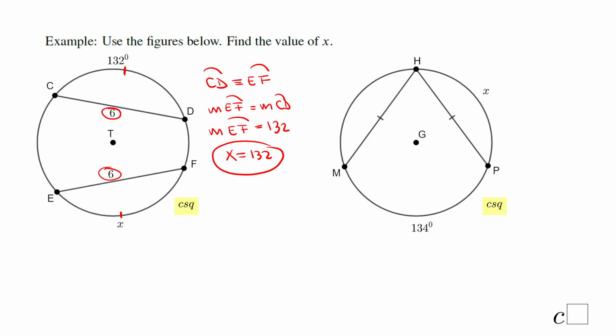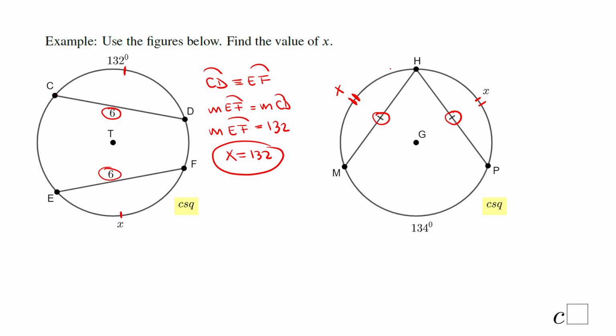Let's take a look at the second problem. We notice also we have two chords, MH and HP. They are congruent. Why? Because we notice the same marking there. So that means these two arcs, MH and HP, are congruent. So it's okay if I call this one also X. Now I'm going to write a statement which comes from these arcs.